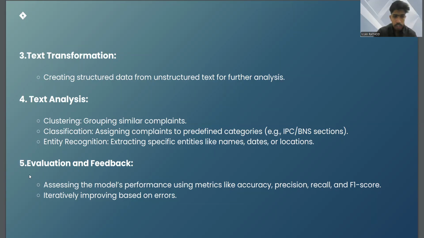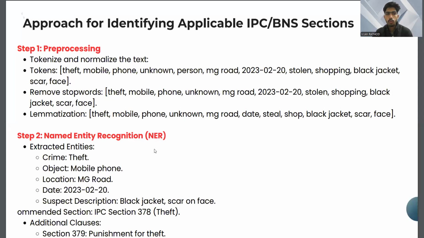The fifth is evaluation and feedback: assessing the model performance using metrics like accuracy, precision, recall, and F1 score, and iteratively improving based on errors.